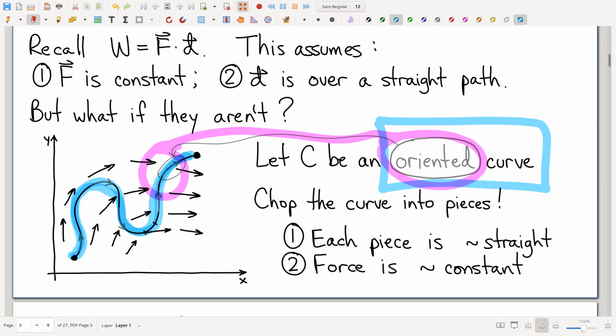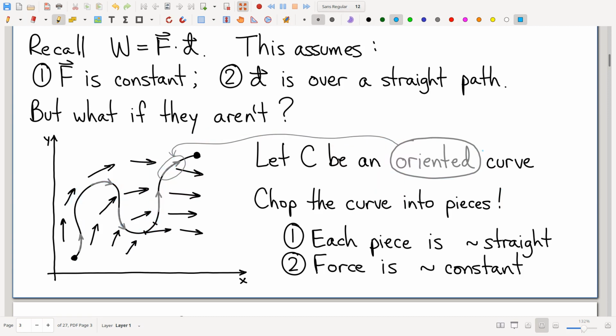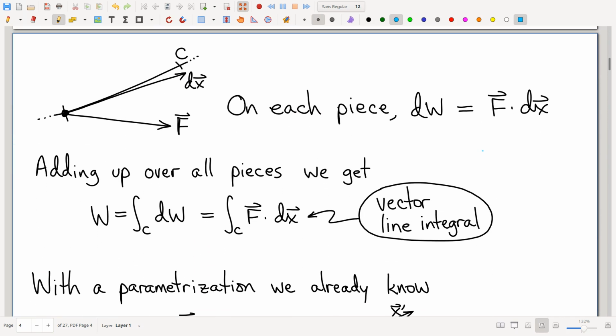Okay. All right. It's going to be pretty familiar for the rest of this step. If you think about this one little piece of curve there, on that piece of curve you can talk about our displacement differential, dx. Right? That's on that piece of curve our, at least our linear estimate of how much our position changes.